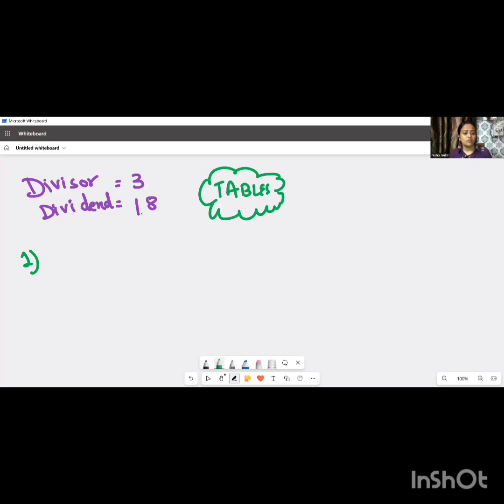If our dividend is a very small value like 18 in this case, and our divisor is 3, the symbol for division is like this. We always use a symbol for mathematical operations: for addition the symbol is like this, for subtraction like this, and for multiplication there is a cross.